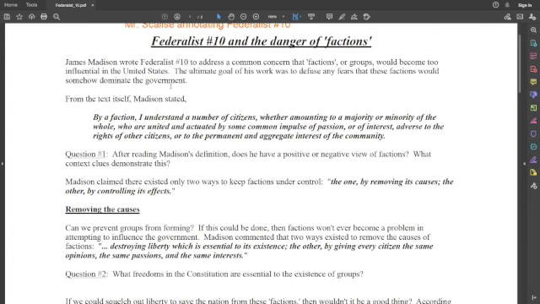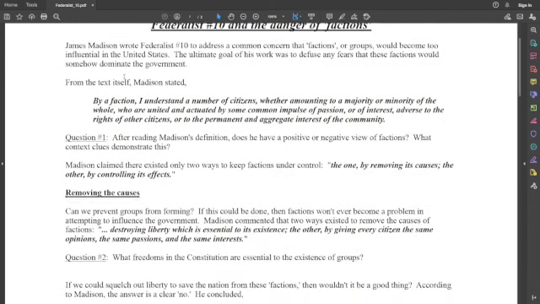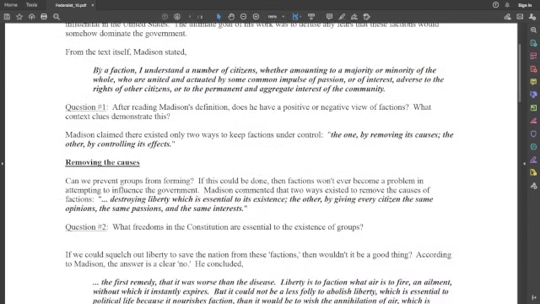The first statement, he says, look, by faction, I understand a number of citizens, whether amounting to a majority or minority of the whole, who are united and actuated by some common impulse of action. Okay? That's part of his key right there: it's a group of people united by some common impulse of common action.